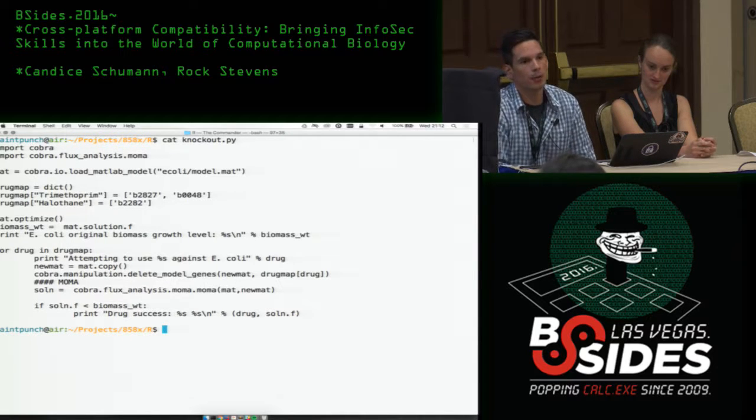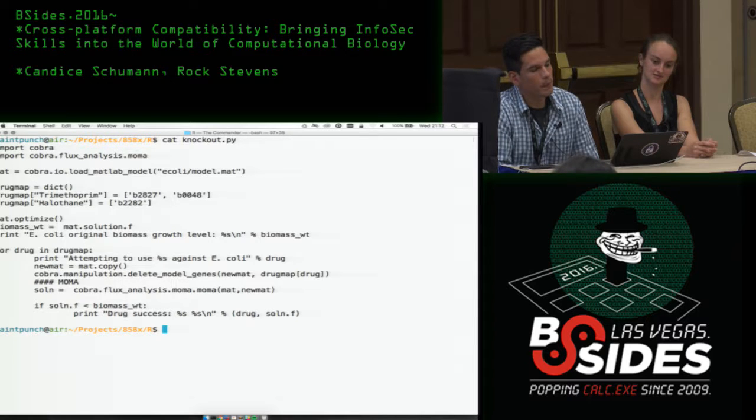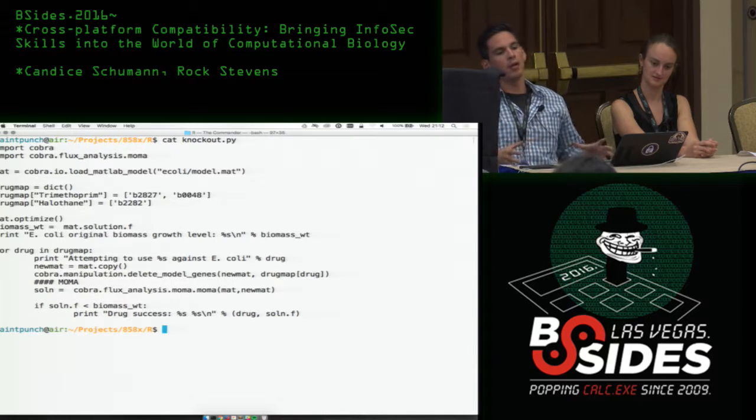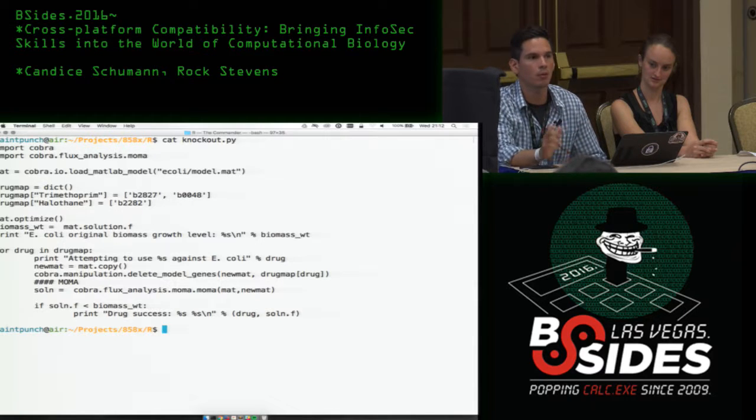So we have 2 drugs, trimethoprim and halothane. We know that trimethoprim should kill the model, and halothane, I'm not really sure what's going to happen to that, just another drug. So when you have a cell and you're focusing on its metabolic network, inherently, all cells want to thrive and reproduce.